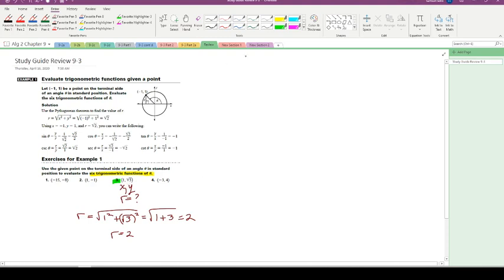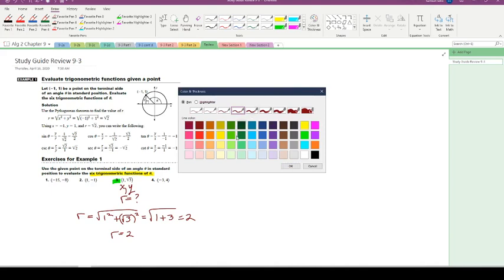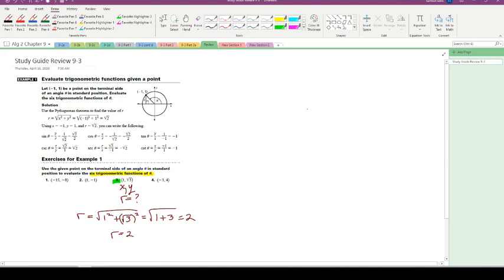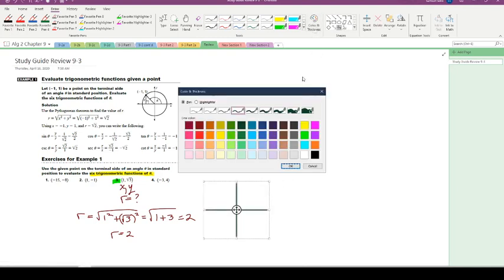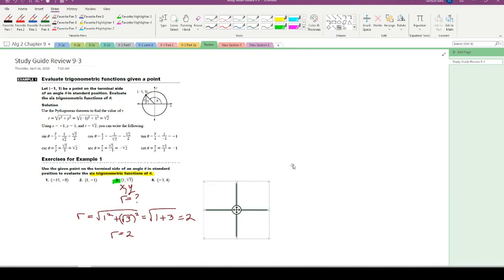So the first thing I would do is let's draw in green an XY plane, so that we can see what the triangle looks like. All right, so that's going to give me a triangle.